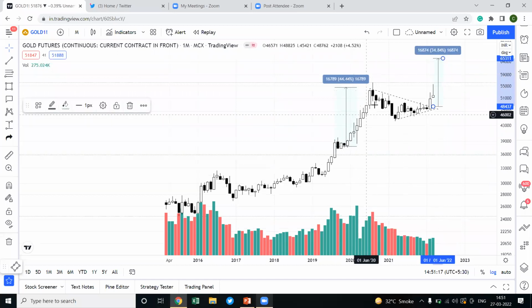So according to this particular price pattern, the first is near the 60K and next is near the 65, 66K.